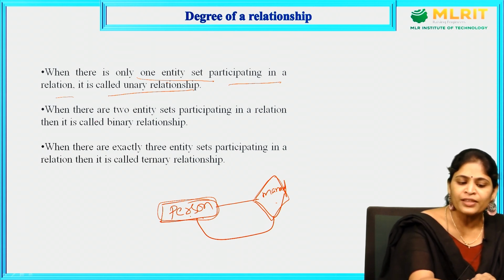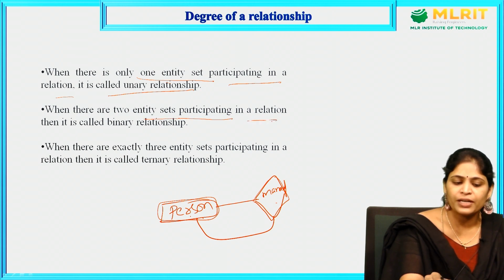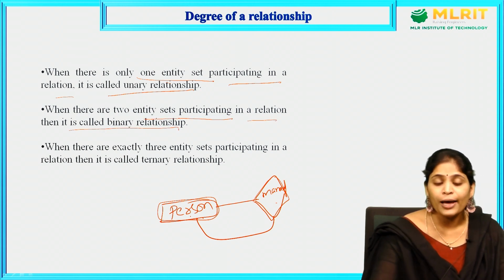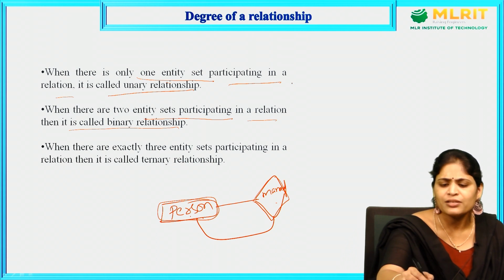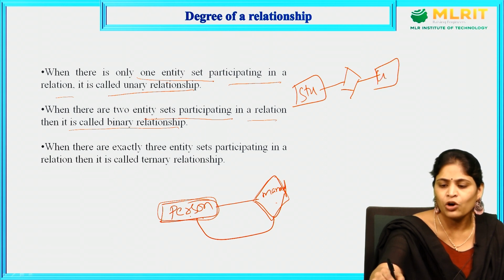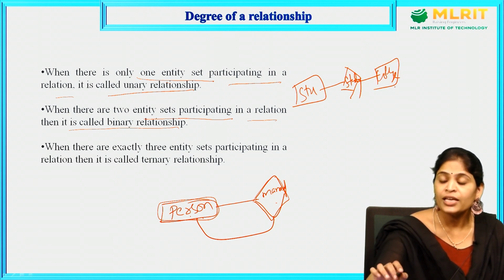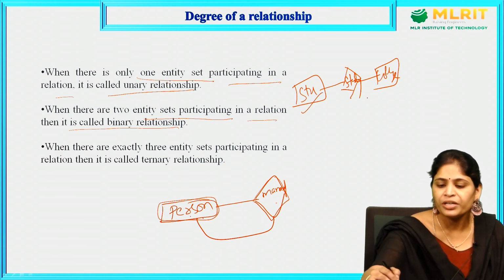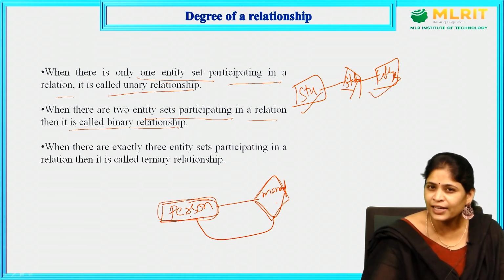When there are 2 entity sets participating in a relationship, it is called a binary relationship. Let us consider another example: student studies in college. Here, how many entities are there? 2 entities, student and college.